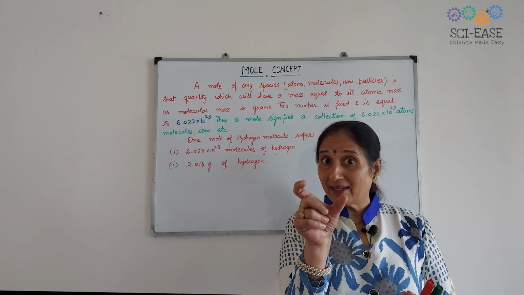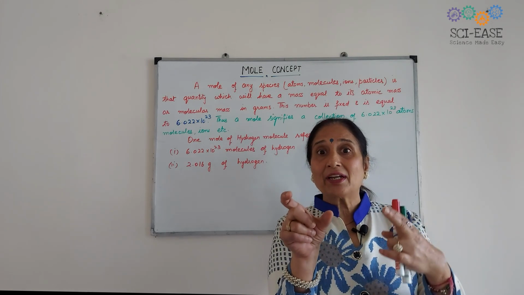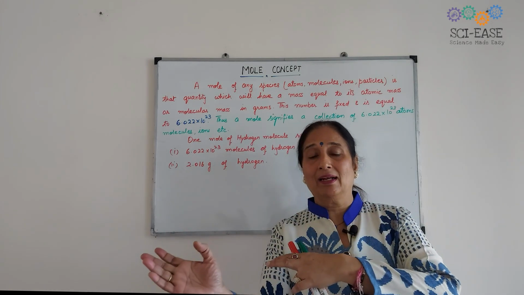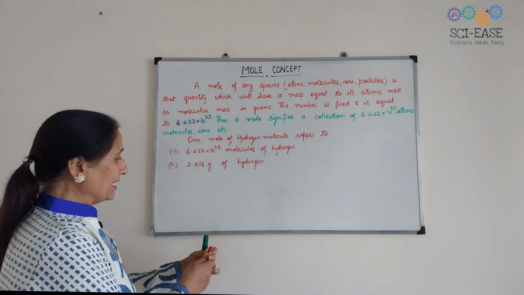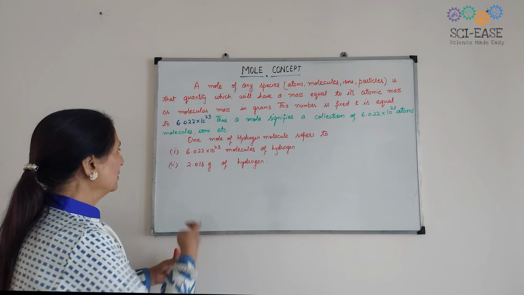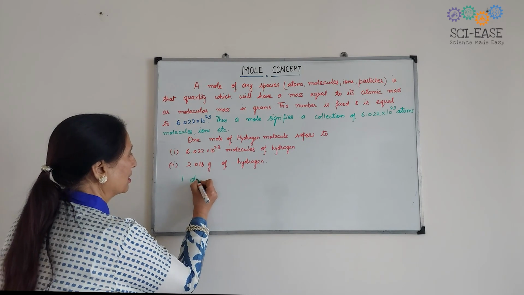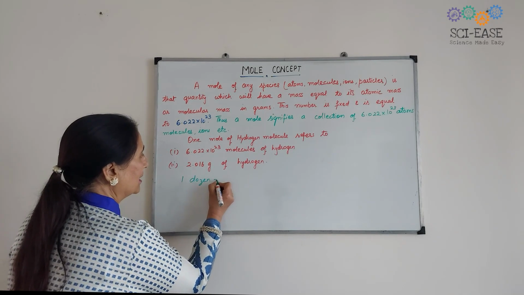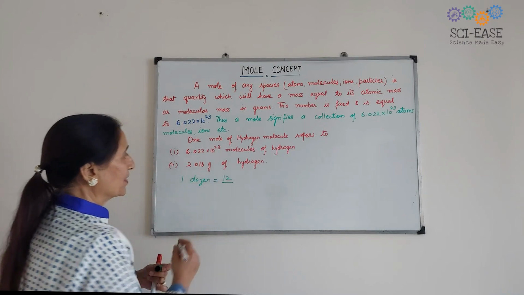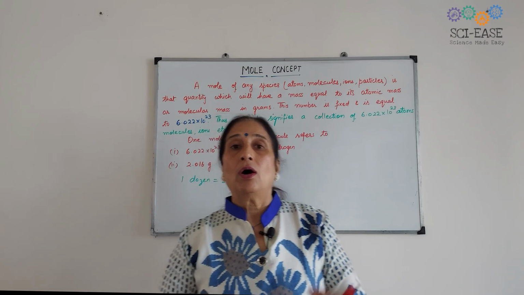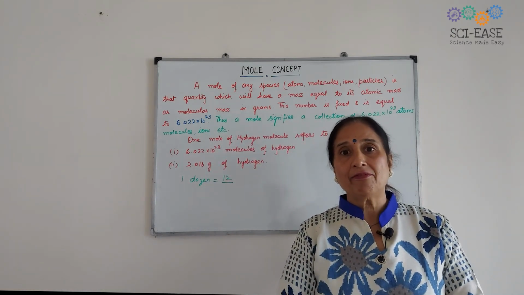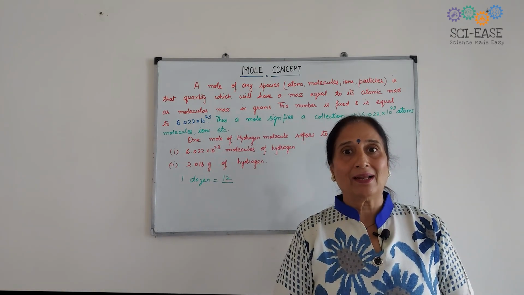So this unit, dozen, refers to 12. 1 dozen is equal to 12. So instead of saying give 12 bananas, we say give 1 dozen bananas.